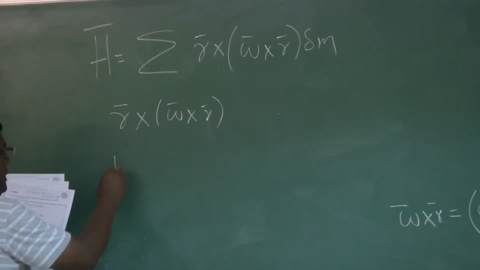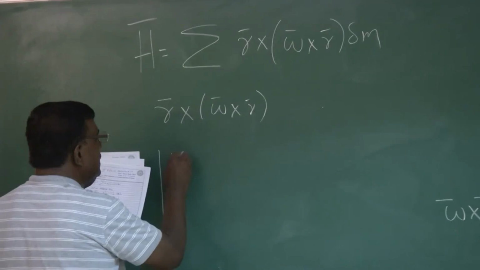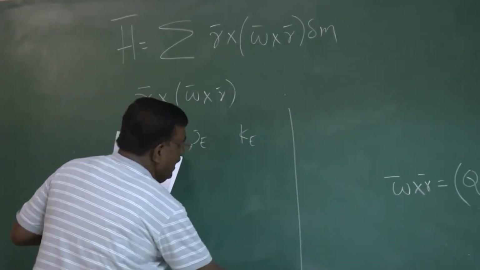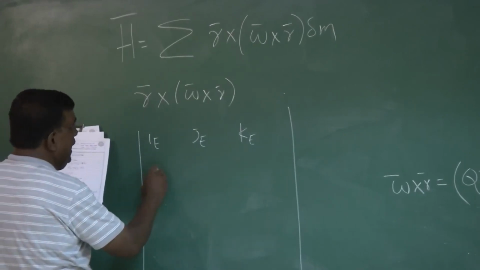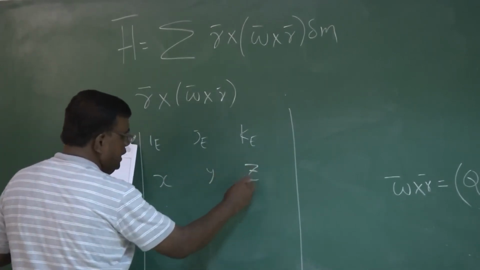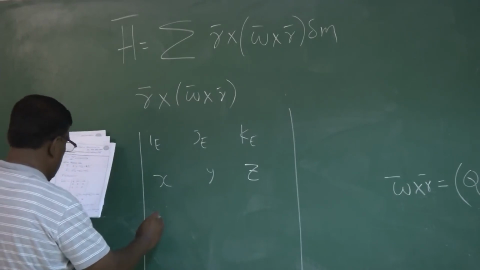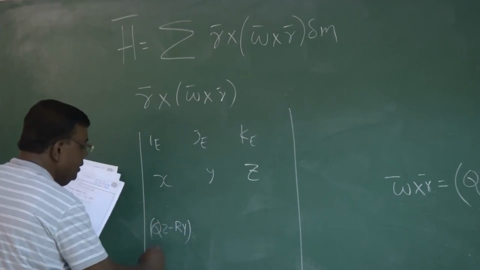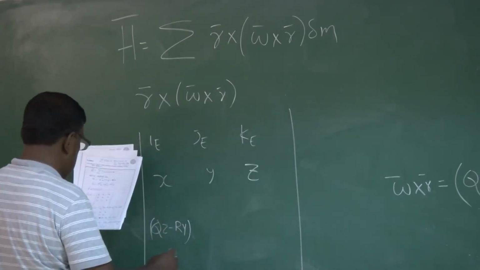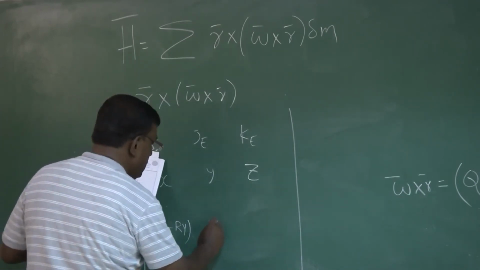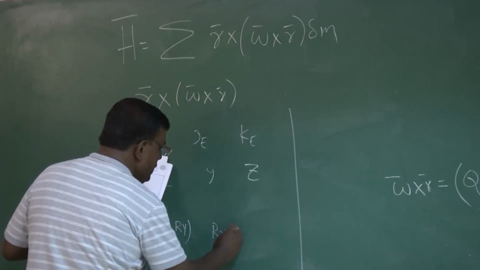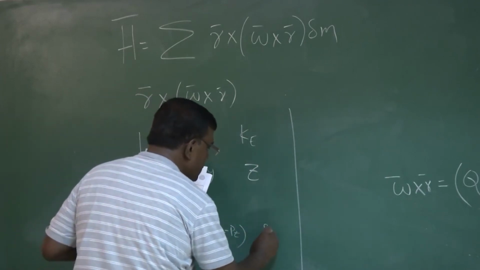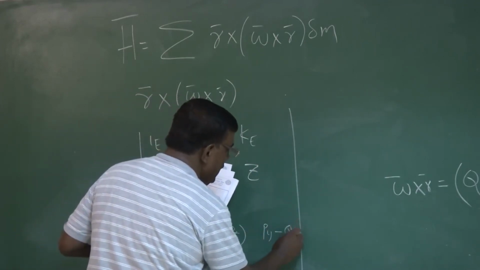It will again be Ie, Je, Ke, and then x, y, z, and then (qz minus ry), (rx minus pz), and then (py minus qx).